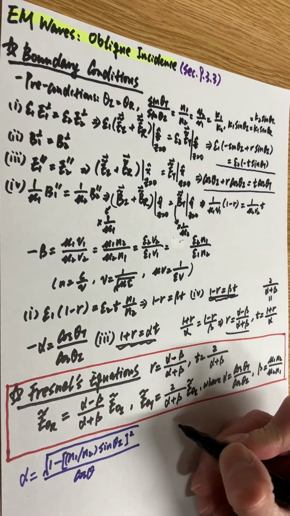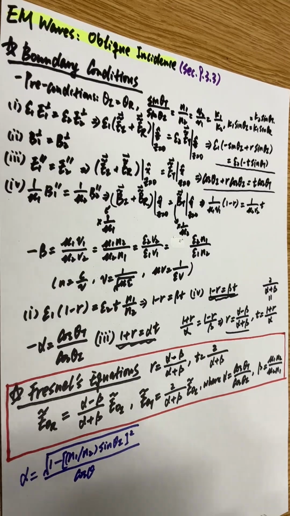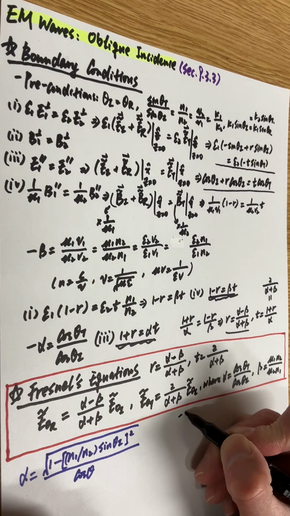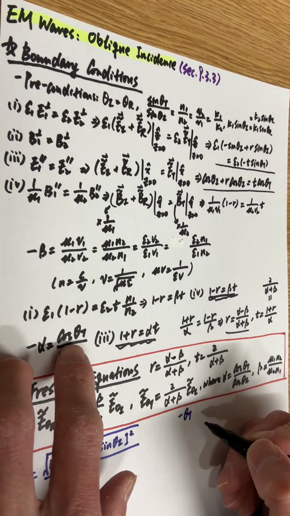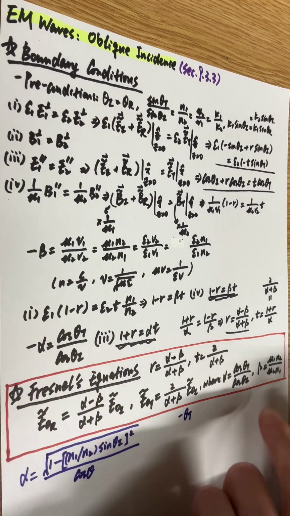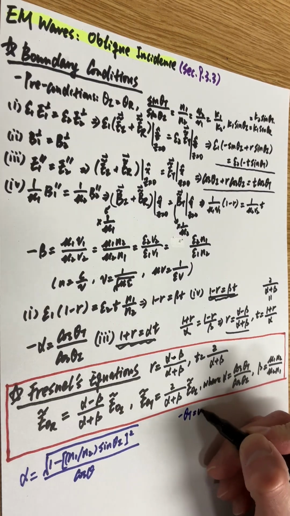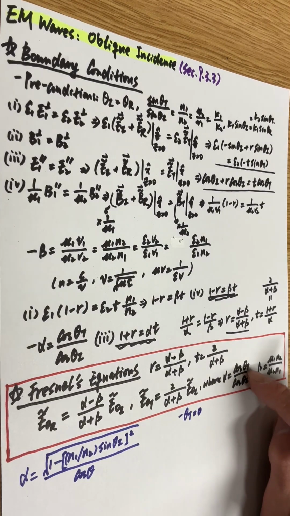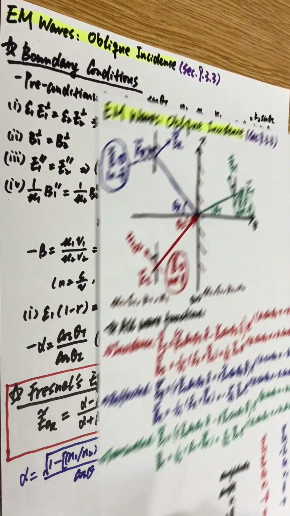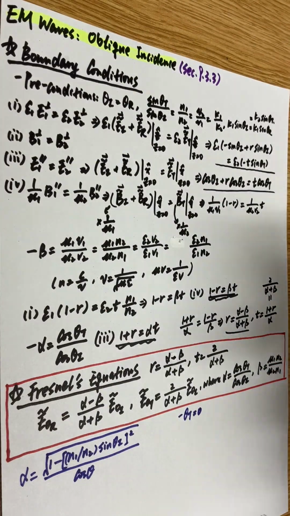Now we can observe that when theta t equals 0, theta I equals 0.